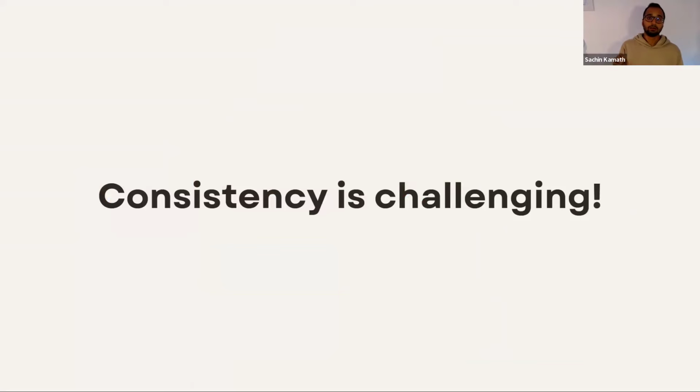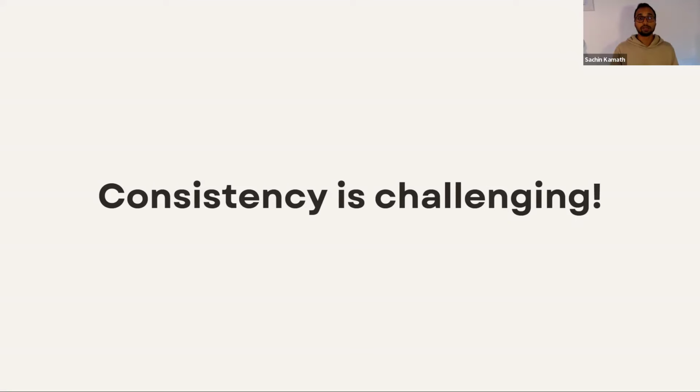Now, all that being said, consistency is one of the biggest challenges when illustrating a book with AI. Your characters need to look the same on every page. Imagine if your main character had red hair on one page and blonde hair on the next page, right? It would completely confuse the readers.